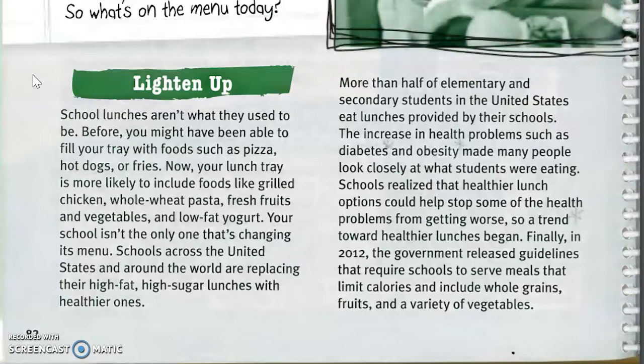For comparing and contrasting, for example, you might see words like alike, different, however, or similar. Words like first, next, then, last, finally might signal to the reader that this is a sequence text structure. Let's look again at Lighten Up. We're going to reread this section and see if we can determine the structure of this section of the text.